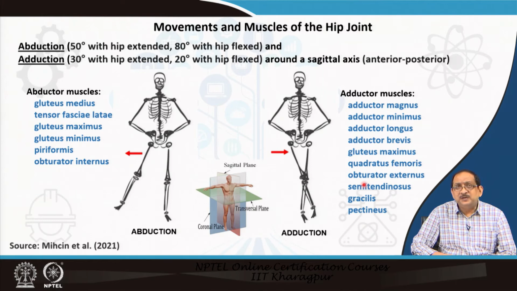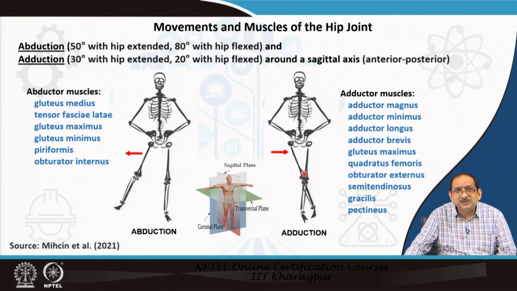The other movements are abduction and adduction. Abduction is raising the leg away from the midline of the body, whereas adduction is moving the leg inwards towards the midline of the body.